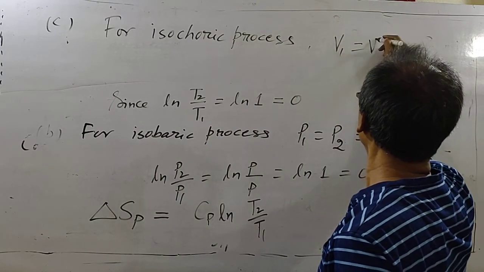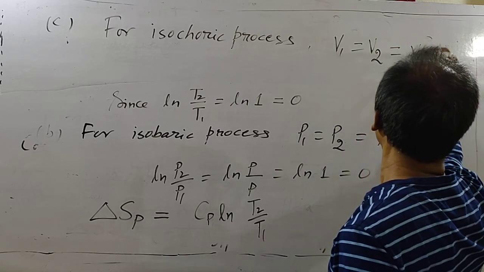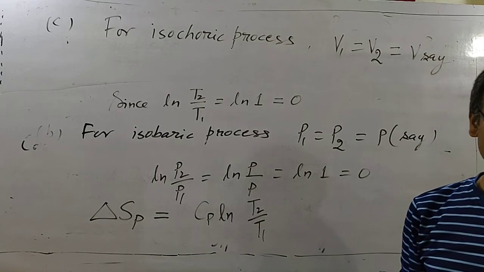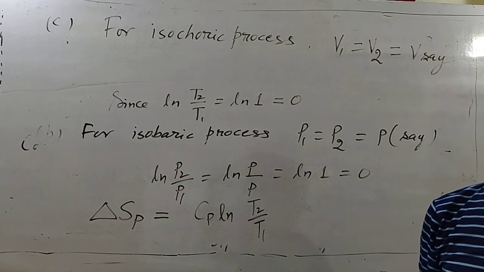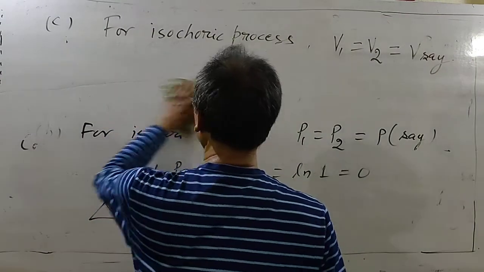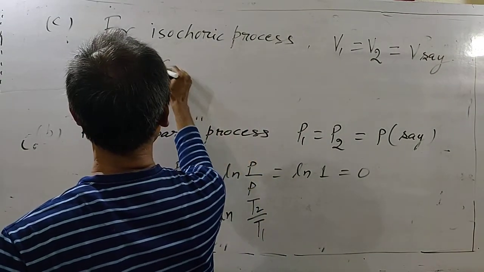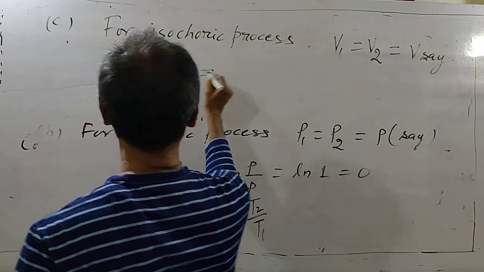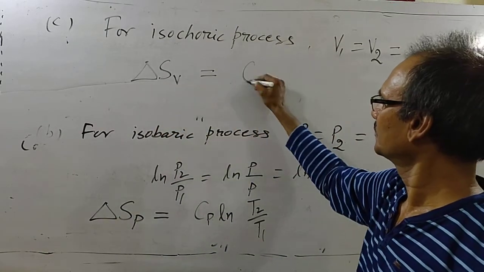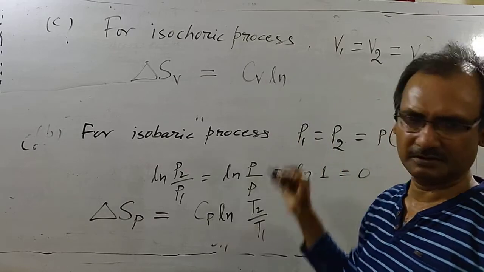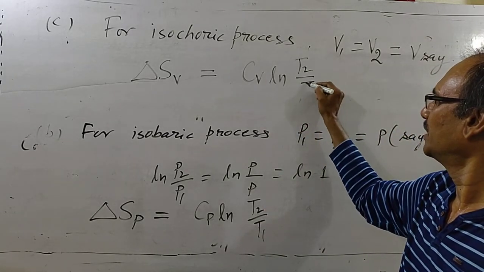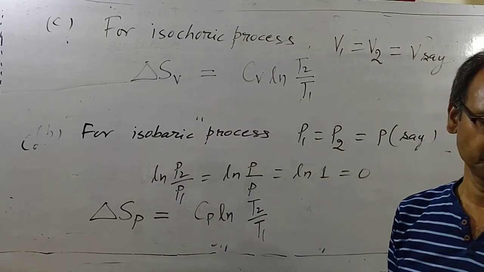That is V1 is equal to V2 is equal to V. The above equation reduces to delta SV, change in entropy at constant volume, equal to Cv ln T2 by T1.